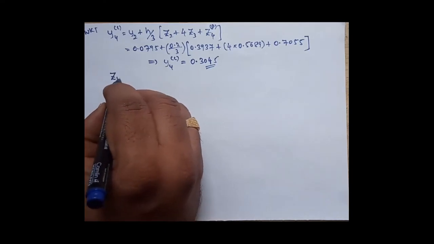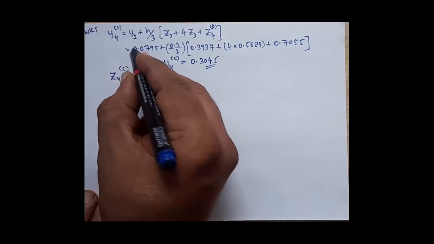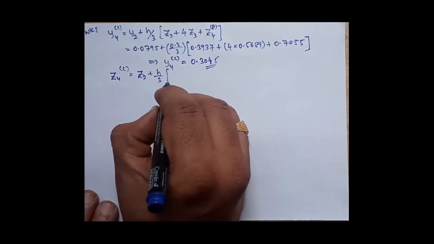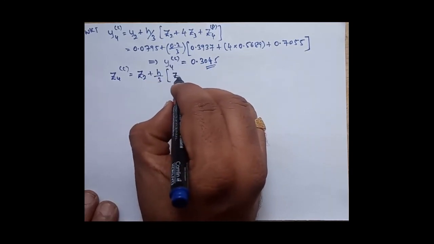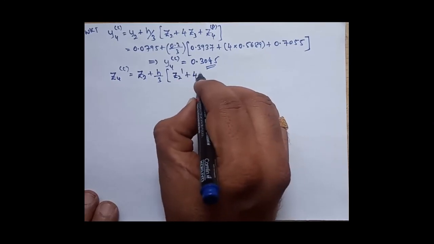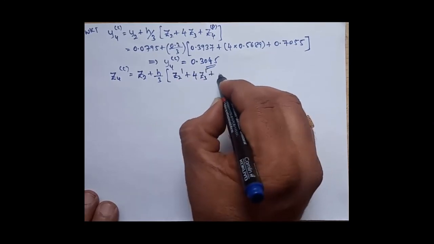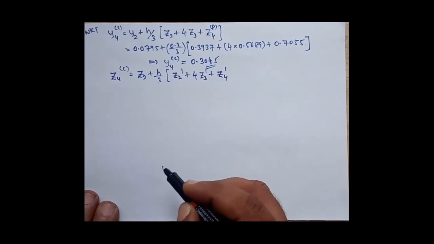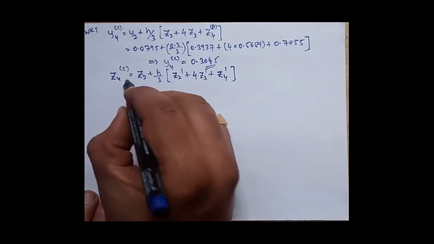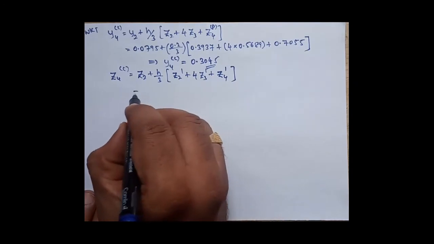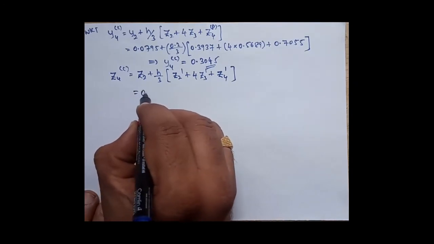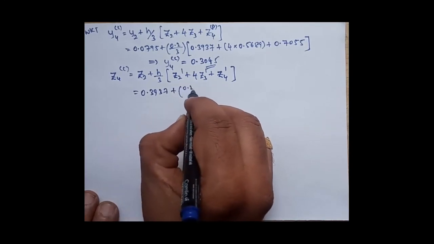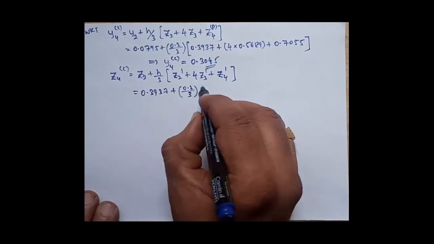So z4c equals, what is the formula? Same: z2 plus h by 3 into z2 dash plus 4z3 dash plus z4 dash. This is the formula for z4c. Substitute the values. z2 is 0.3937 plus h, which is 0.2, divided by 3 into z2 dash.